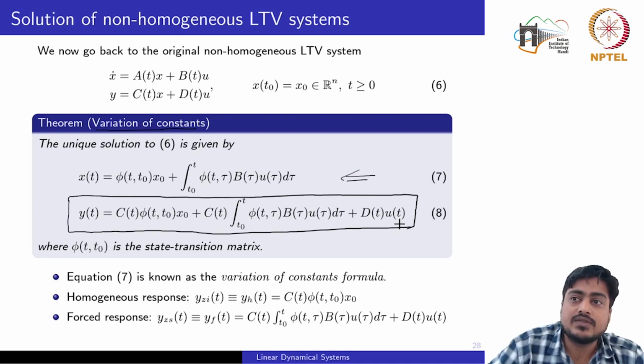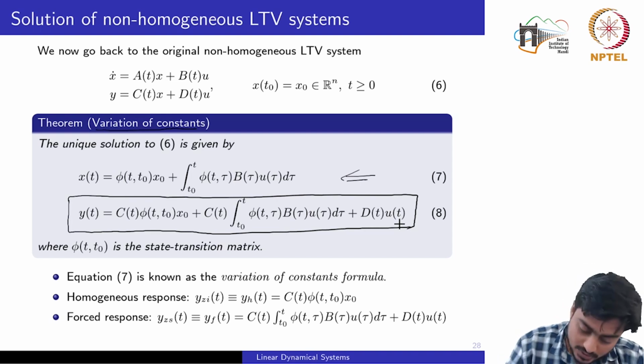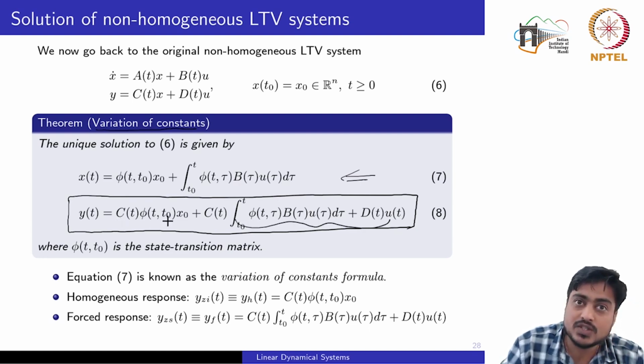In the last lecture we saw that the total response is driven by two individual responses: one is the zero state response and the other is the zero input response. Here, if we put u of t is equal to 0, then both of these parts will go away, and we would have only this one, which we saw in the last result also.